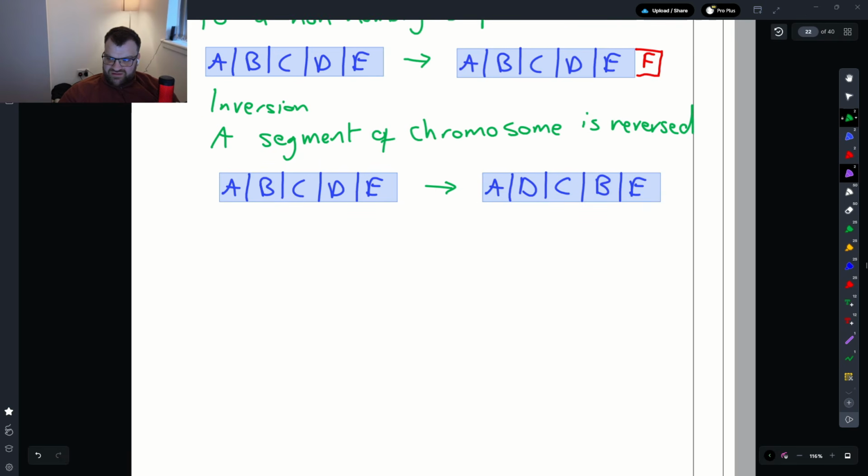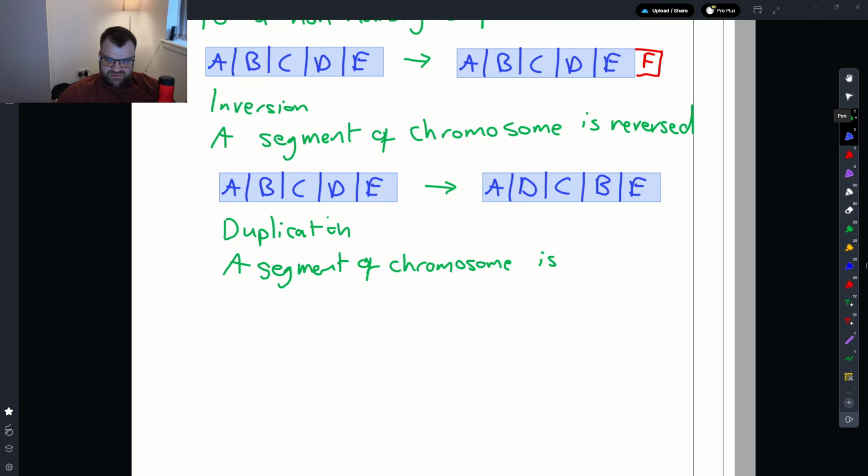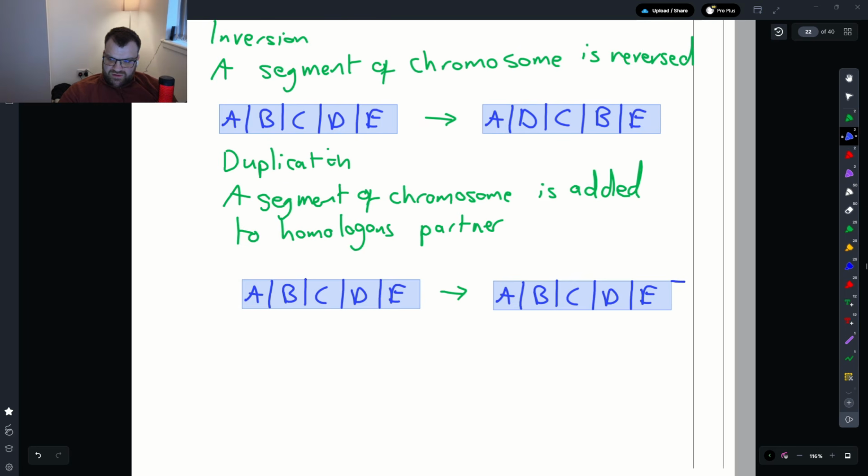Now we're into the D ones. I went for, let's go duplication. So now the thing is going to get bigger, but we'll see copies of the original letters. So this is the one that I was comparing to the translocation. So this time we're talking about a partner chromosome, the homologous pair. So this time the letter that appears, the letter that's added was something that was already in there.